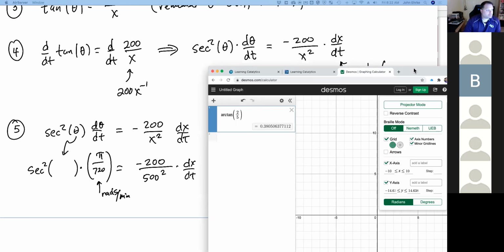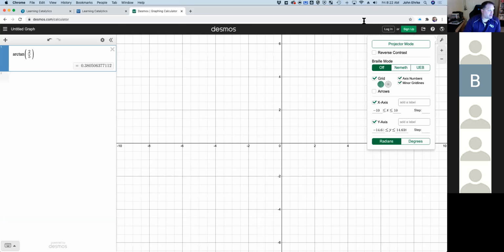Where's the radians function on the, I mean, how do you switch? Oh, right there. I was just about to show you that. Yeah. So in Desmos, it defaults to radians. So if you click the little wrench icon, it defaults to radians. So this number is in terms of radians.